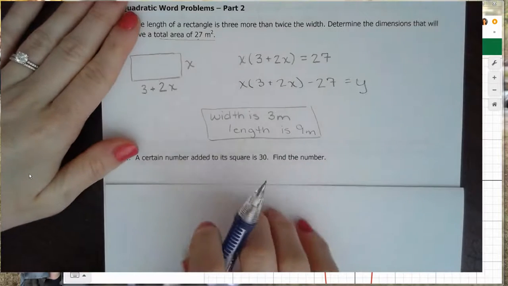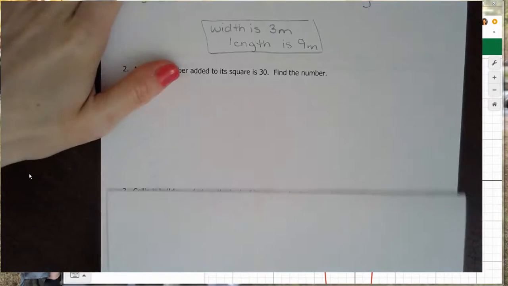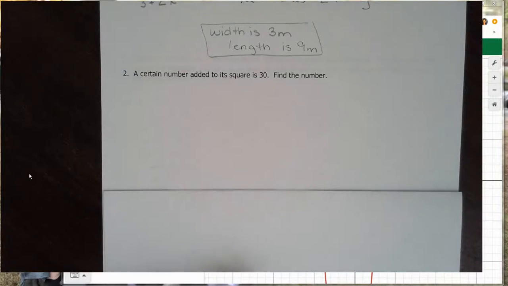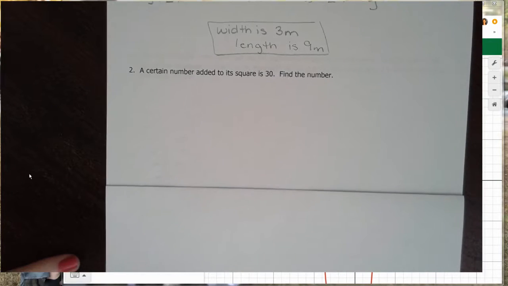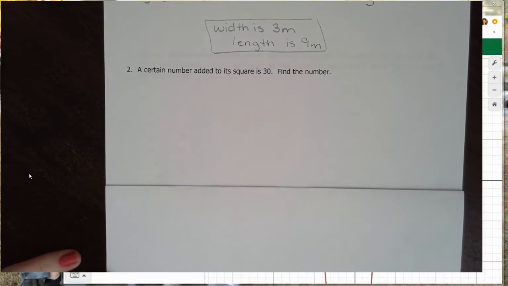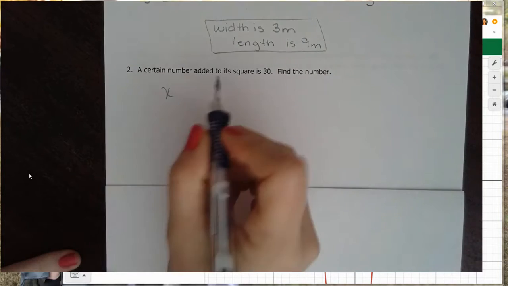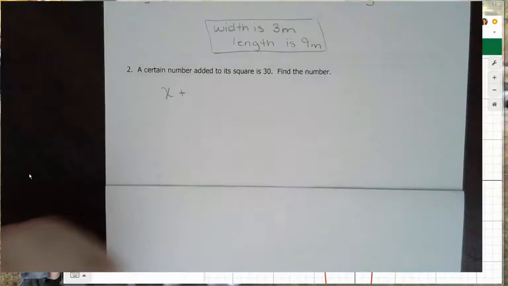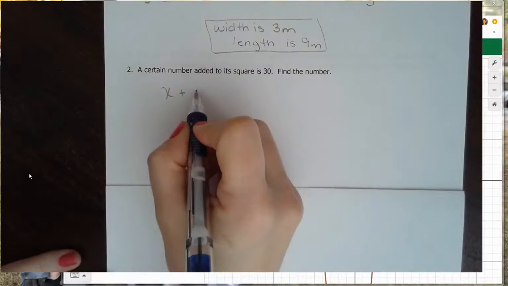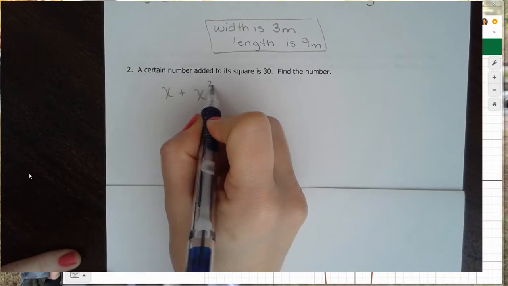Next one we're going to look at is giving you a little bit of a riddle that we have to determine the number that is being added to its square. So if I label the number as x and I'm going to add that to its square, that means I take the number and I square it.